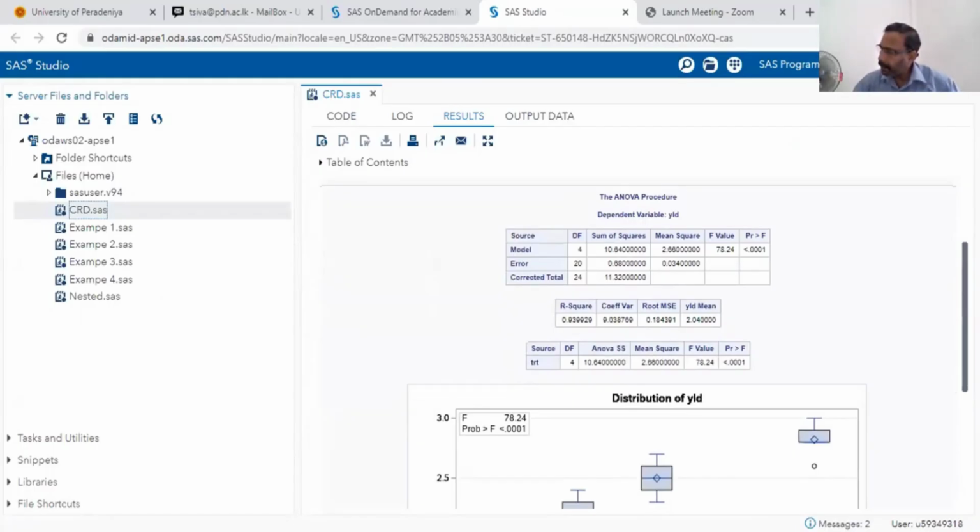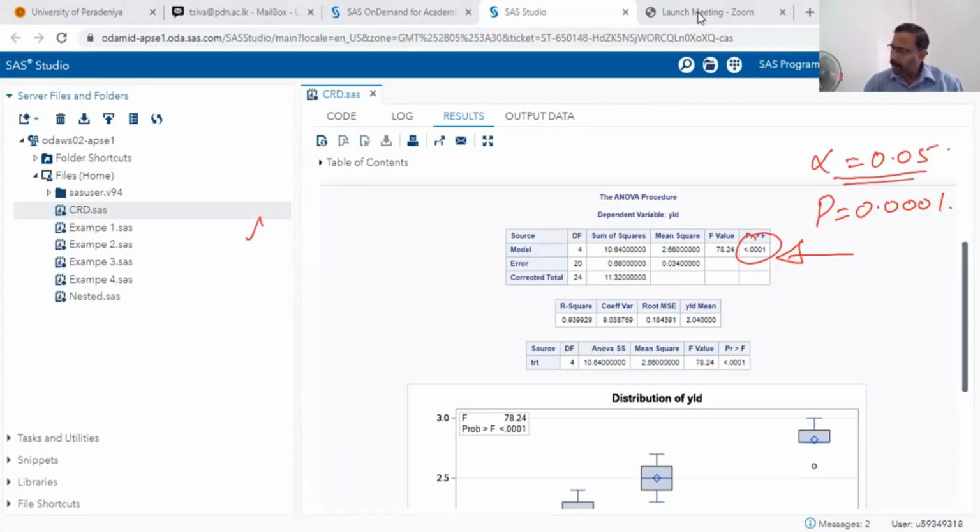Basically, this output is the ANOVA table. The most important is the probability value, right? This p value is very less, 0.0001, even less than that. If you consider our alpha value as 0.05, then definitely alpha value is higher than the p value.